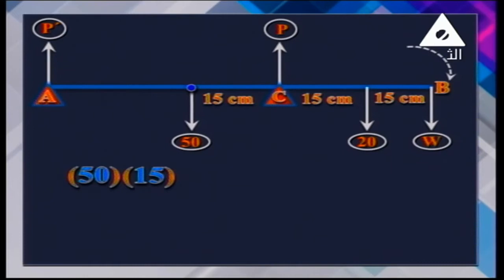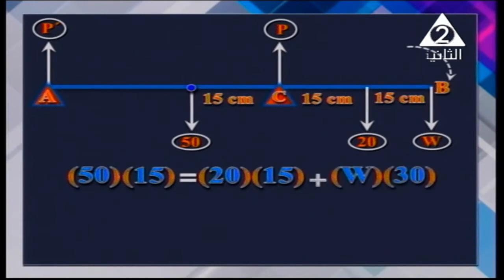Moment about C with respect to the force P2 equals 0. Then we have the forces 50 and 20, W, and P1. Therefore, 50 times 15 equals 20 times 15 plus W times 30.